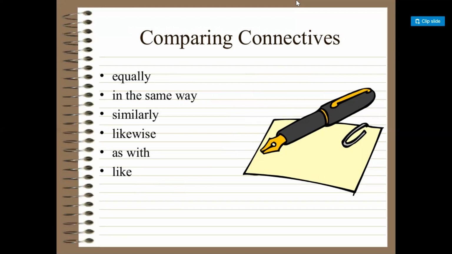Some examples are equally, in the same way, similarly, likewise, as with, or exactly. These are some examples for comparing connectives. These connectives are helpful for us in comparing people or things or instances in a sentence.